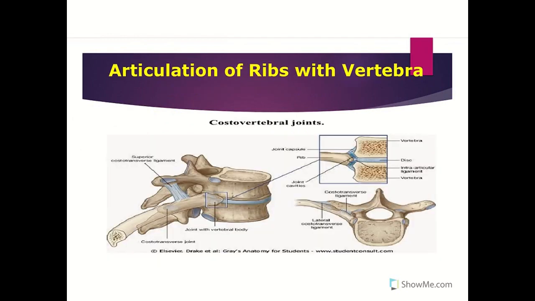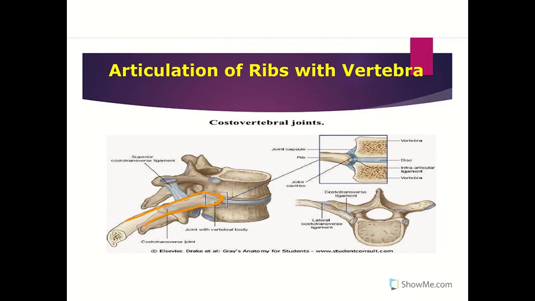So the most important is the articulation between the rib and the vertebrae. As we said, each rib is articulated with two vertebrae. The head of each rib is articulating with two vertebrae.